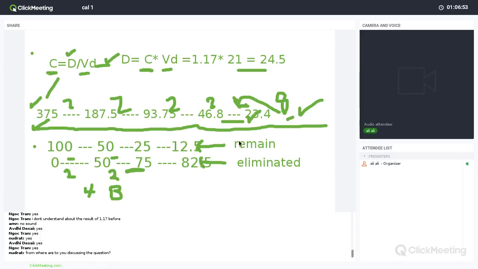We discuss the questions from the Comprehensive Pharmacy Review book. This is chapter number 5. As I told you, you will have to concentrate on the question itself. Is it amount remaining or amount eliminated? Because 100% you will face this question in the exam.